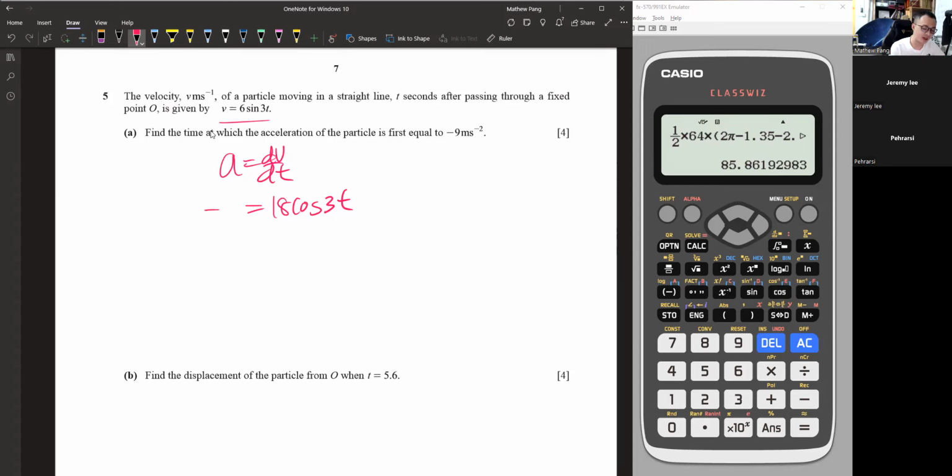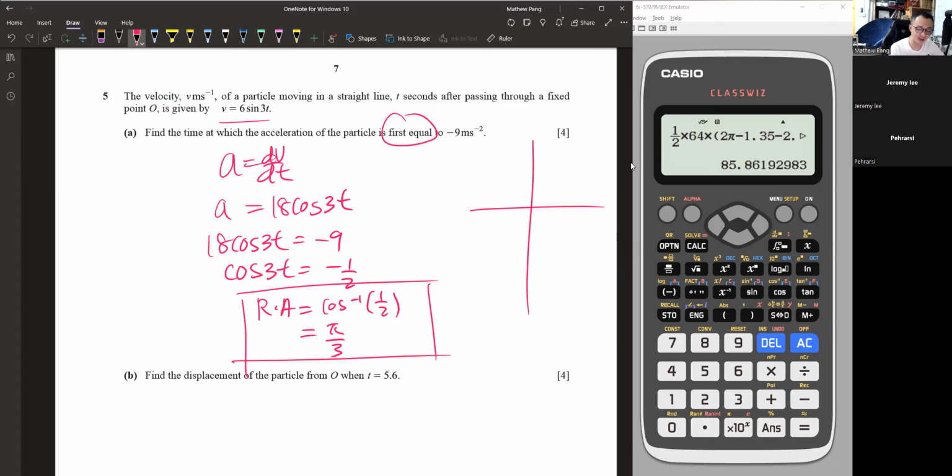Then I want to find a reference angle for cos. Actually for cos you can straight away type, but I would still find a reference angle first. So I inverse cos 1/2, it's 60 degrees, so it's pi/3. Then you need to think: first time the acceleration equals −9, so this is the first time cos gets negative.